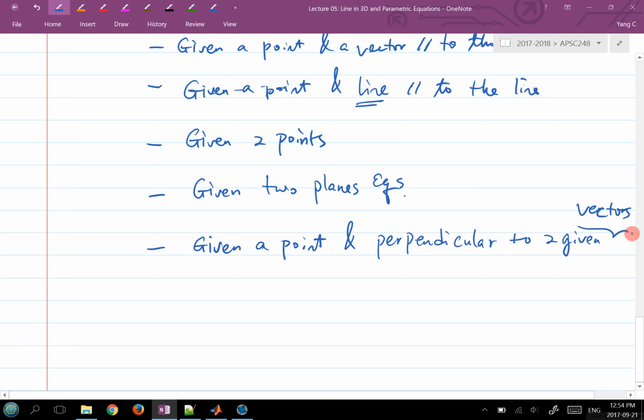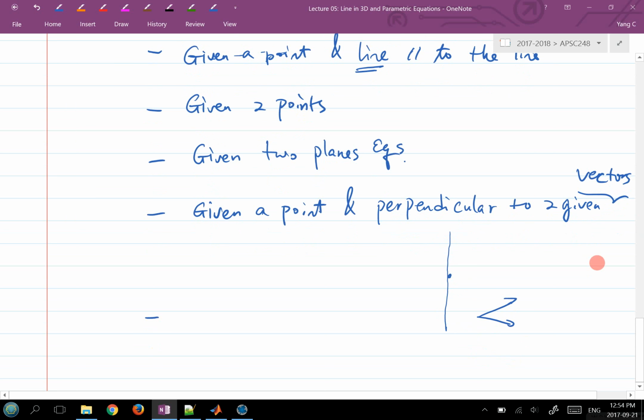So you have a point and two vectors, and you want to find a line passing through the point and perpendicular to these two vectors. How would you do that? It's pretty simple: use the cross product, and that will be the parallel vector to the line.